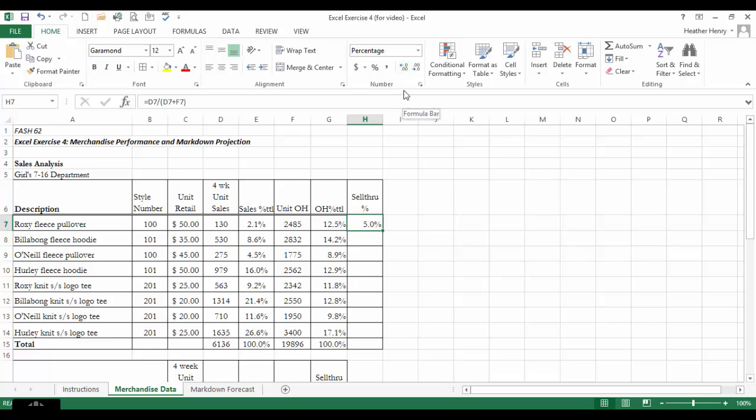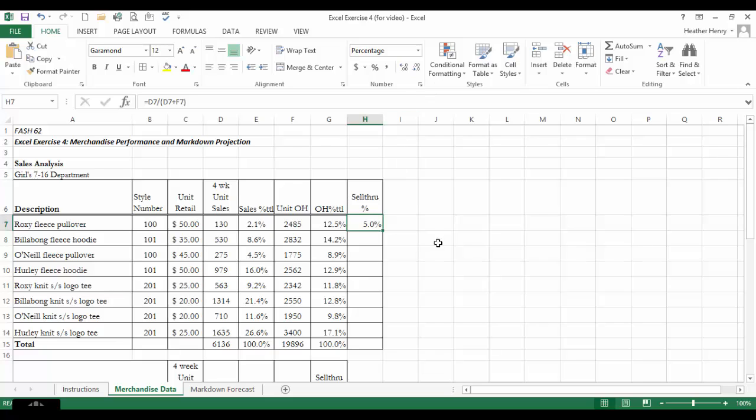So we are now saying for the 4 weeks that this style has been on the sales floor, we have sold through 5% of our total inventory we bought. So if we've only sold through 5% of the total inventory we bought in this style, it is going to take us a long time to get out of this inventory.